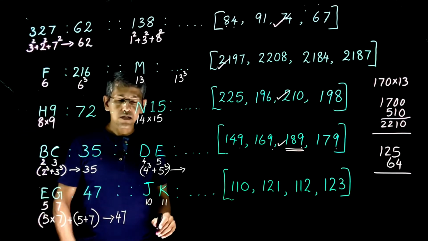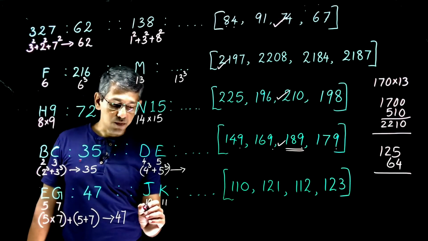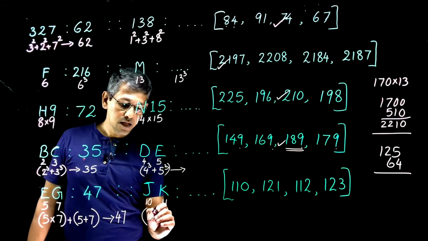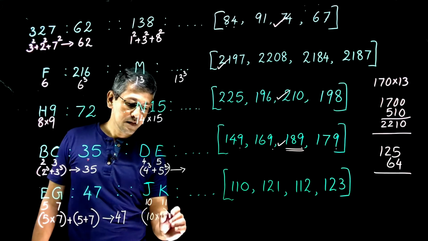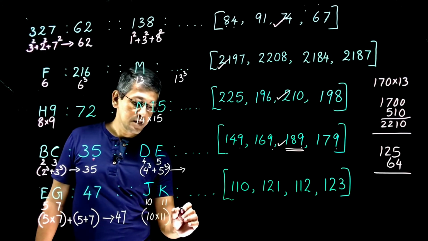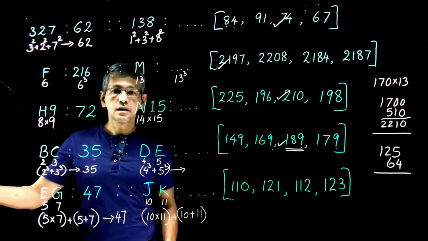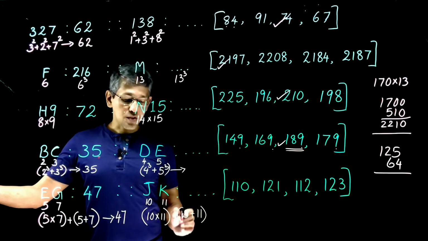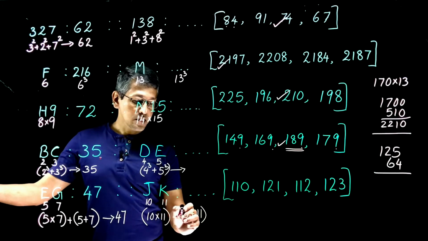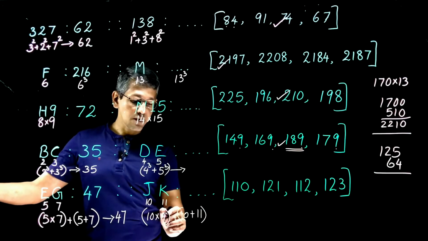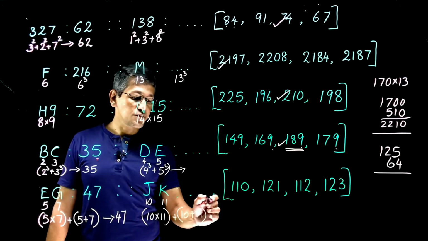So if that is the case, you apply the same logic on the right hand side. What is it? 10 into 11 plus 10 plus 11. So 10 into 11, 110. 10 plus 11 is 21.